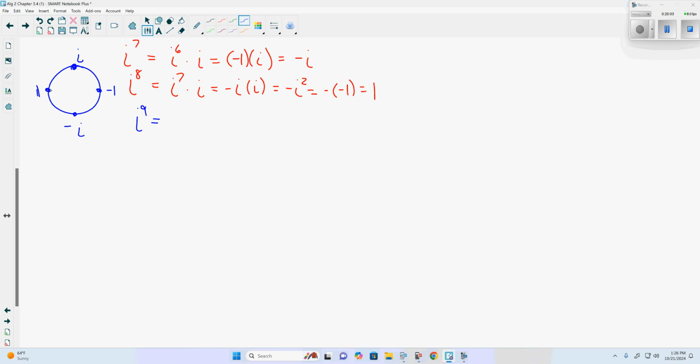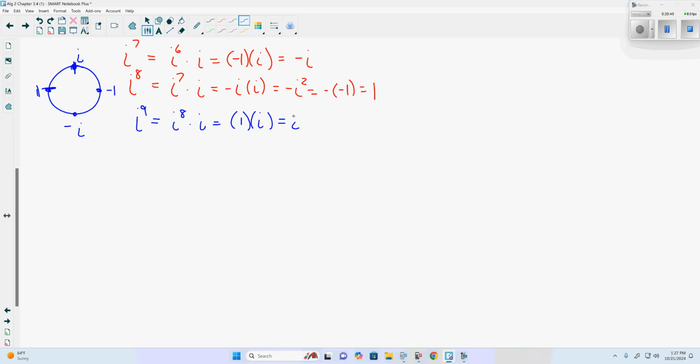Because here, i to the eighth gave us 1, so i to the ninth should give us i. i to the eighth times i. Well, i to the eighth is 1 times i, which is indeed i. So i to the ninth would be the same as i to the fifth, which is i. i to the tenth would be negative 1. i to the eleventh would be negative i. i to the twelfth gets us back to 1.